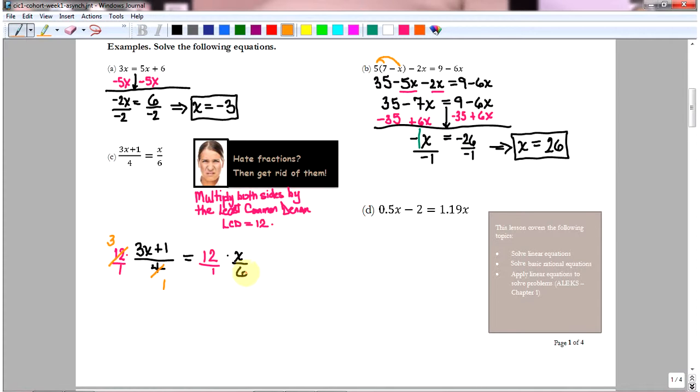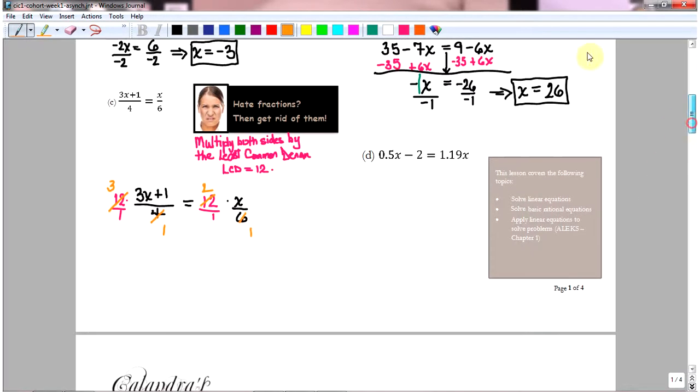On the right side, 6 can go into 12 2 times. So we'll have a 2 in the top, left with a 1 in the bottom. So now I'm left with 3 times 3x plus 1. Since 3 is being multiplied by all of that, make sure to have your parentheses there. And on the right side, we're left with 2x.